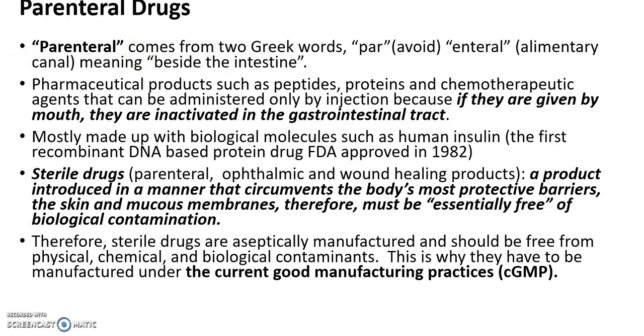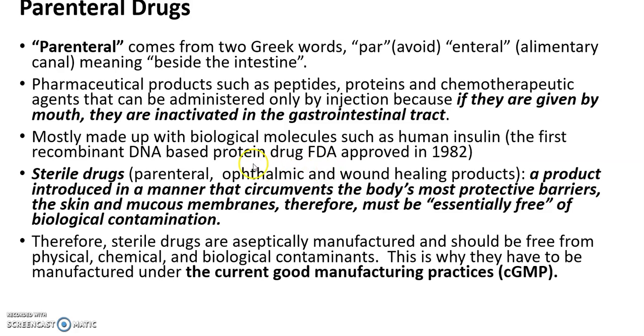Normally parenteral drugs are made of peptides, proteins or some biological molecules. If they are taken orally, they may be denatured or damaged. That's why they have to be given through injection. Mostly they are made up of biological molecules, just like insulin. So insulin is not given orally. Normally it's given through injection.